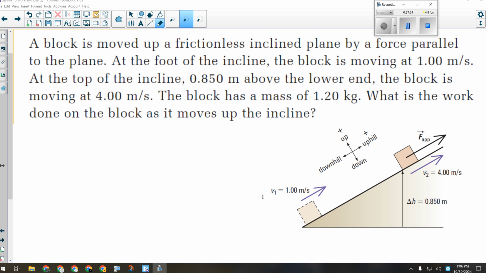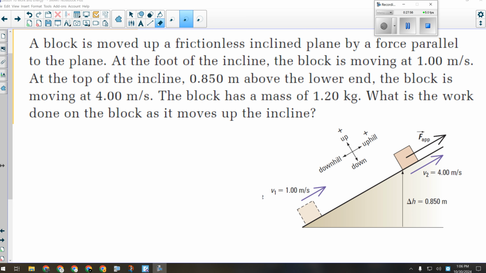Okay, so in this situation, they're asking us to calculate how much work is being done. Are we sure work is actually being done here? We're starting at the bottom of this ramp and we end up at the top. So what kind of energy is changing?